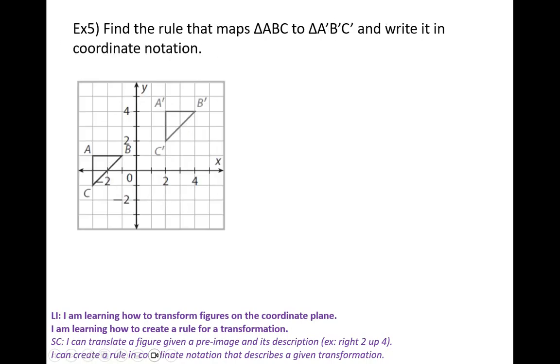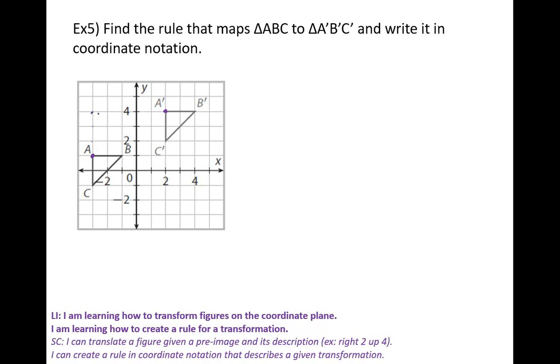All right, the last part here, writing a rule. Find the rule that maps the triangle from ABC to A prime, B prime, C prime, and write it in coordinate notation. So for this one, just pick a point from your original or your pre-image. I'm going to just pick A because I'm boring. And we're going to figure out how did A get to A prime. So to get from A to A prime, it looks like I went up 1, 2, 3.